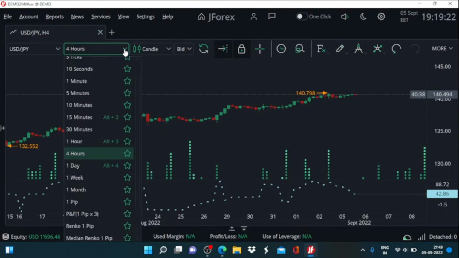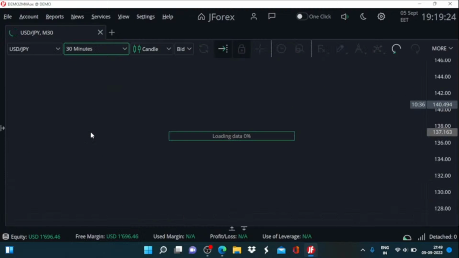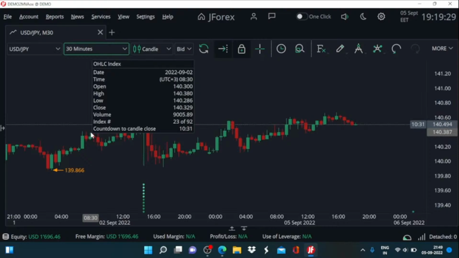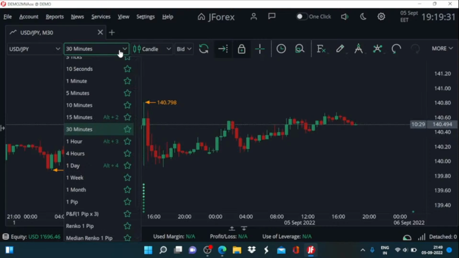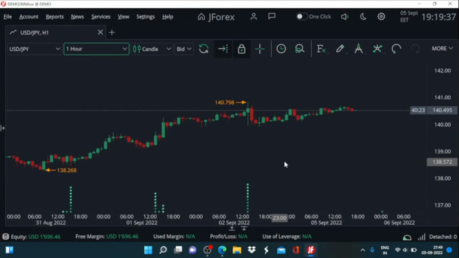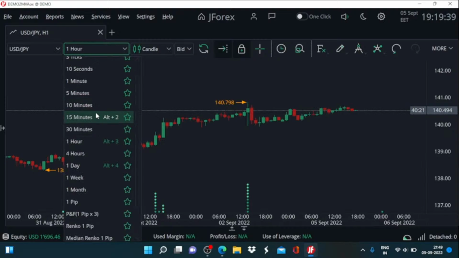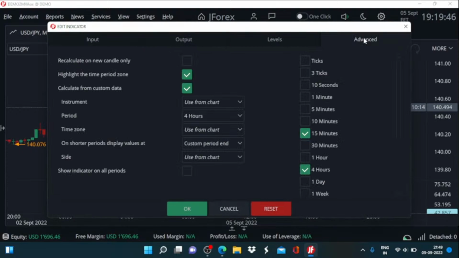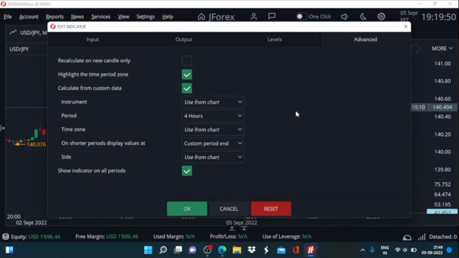But if I change it to say 30 minutes, you will see that the output of the Aroon oscillator will vanish from the chart. And again, if I restore it back to 15 minutes, it will be back in the picture. So that's how this customization option works. Now let me go back to the editing panel. So here, now again I will opt in for this.